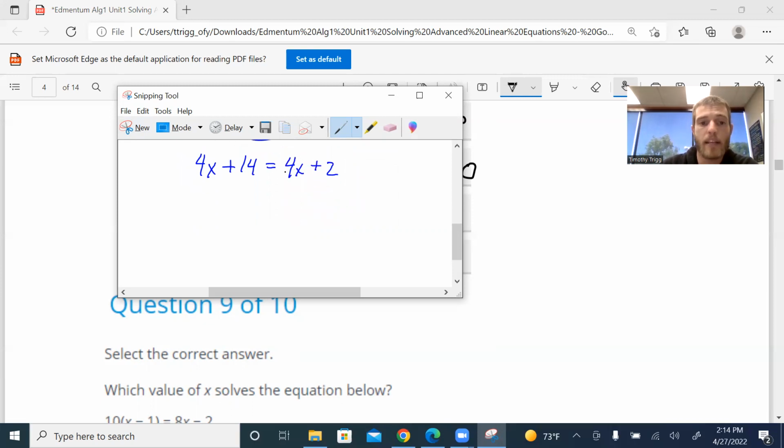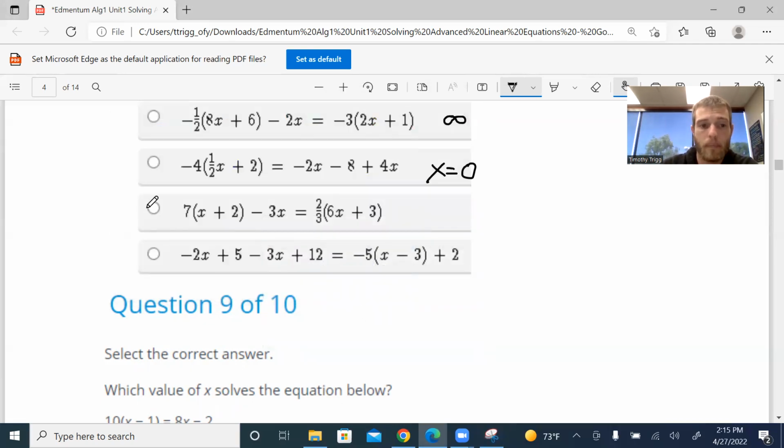I would like to get rid of these x's here on the right, so I'm going to subtract 4x. Since I subtract 4x on one side, I have to do so on the other side to keep it equal. It just so happens to cancel here as well. Giving us 14 equals 2. This is a false statement. 14 does not equal 2. So this one has no solution.